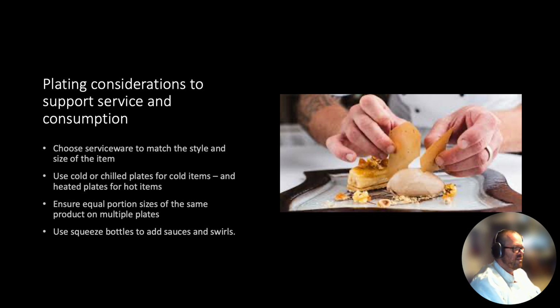Maybe it's to match the style and the size. It might be using cold plates for cold items and hot plates for hot items. Maybe it's just about ensuring that the portion size of the food looks correct on the plate that you've got. Certainly what we should be aiming for is consistency, so that items, when they're served, are on the same plate every time. Okay, squeezy bottles are used for sauces and decoration and garnish.